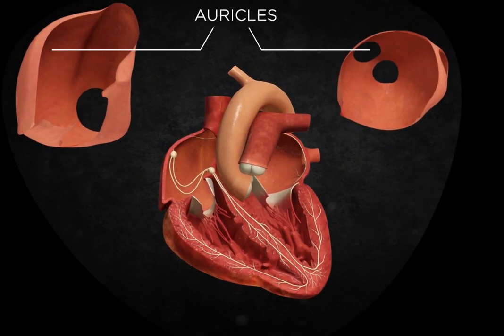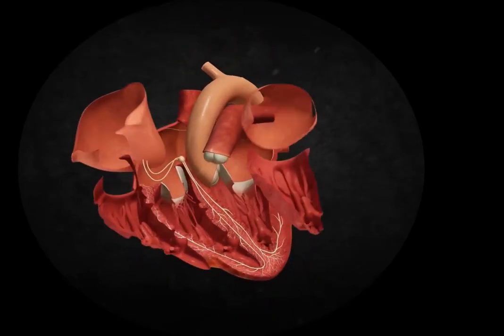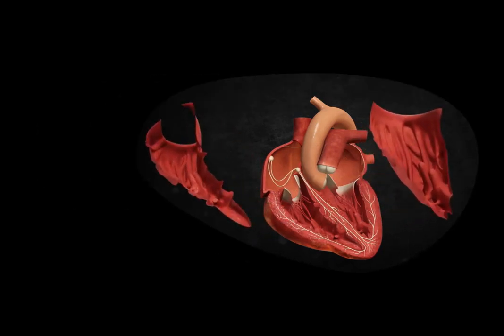Other than auricle, we use one more term. It is called an atrium. I can say one atrium and two atria. So once again, the heart has four chambers. The upper chambers are called the auricles or the atria, and the lower chambers are called the ventricles.